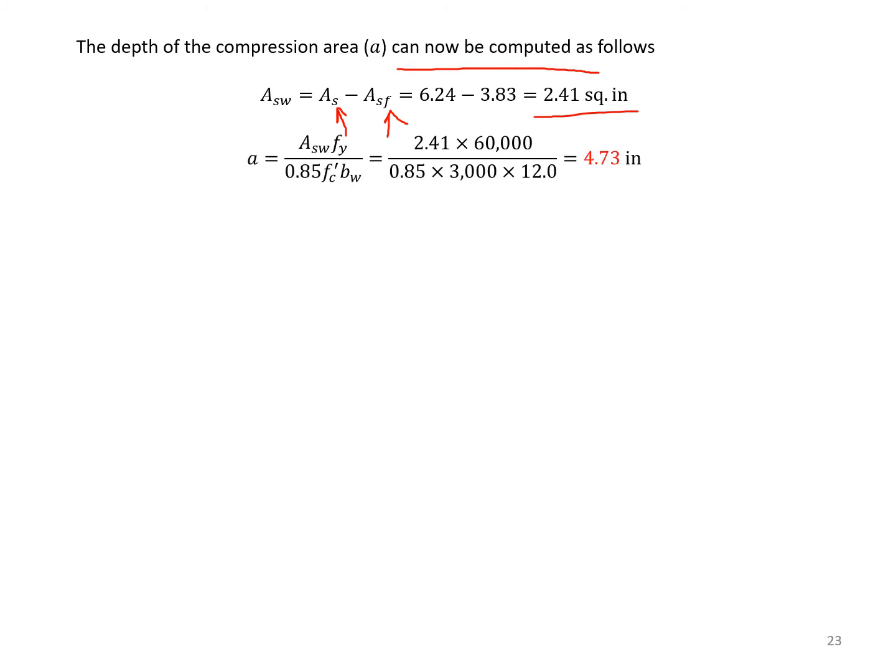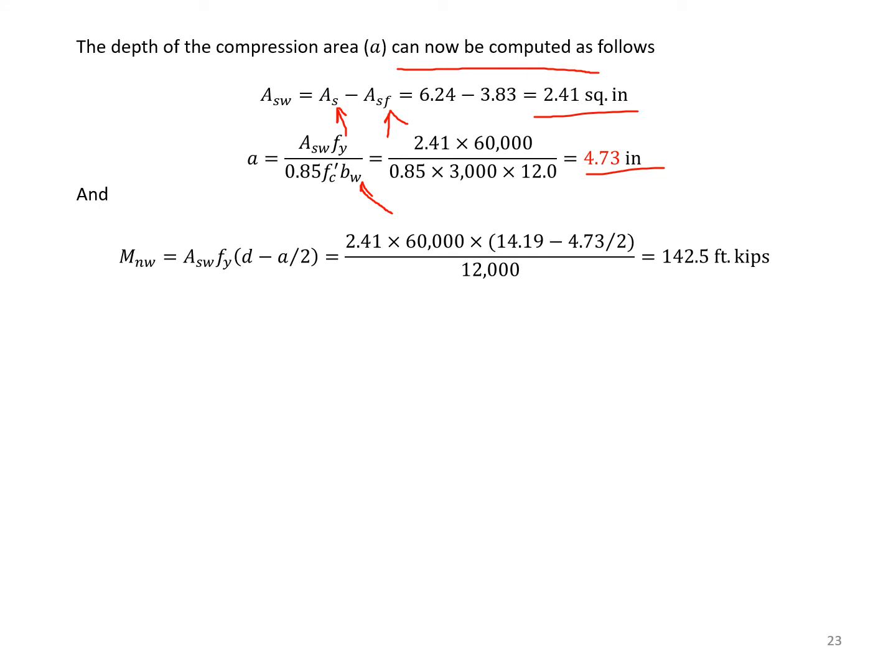The depth of the compression area can now be computed as follows. First, find out the difference between the two steels, the steel that is used and the Asf, and that gives me Asw, which is 2.41 square inches. Plug it in the equation for a, and now remember that in this case you use bw. And we get 4.73.